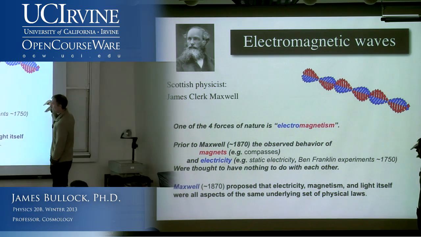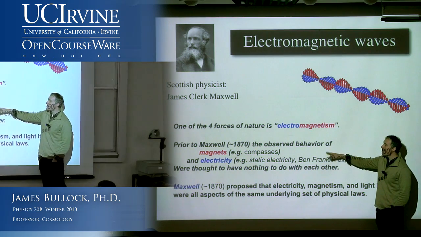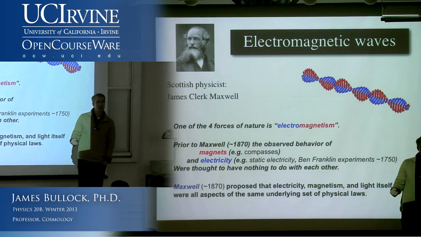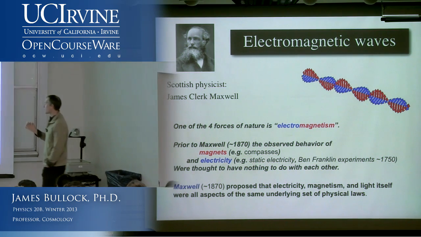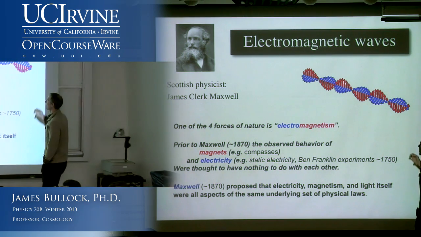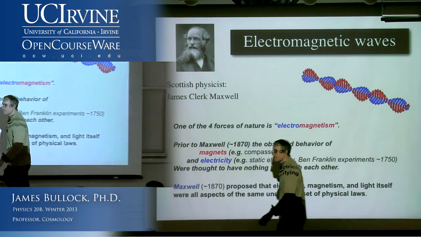But what Maxwell showed is that these are not independent things, and in fact they're related. And he proposed that electricity and magnetism and light itself, therefore, were all aspects of this same fundamental law.